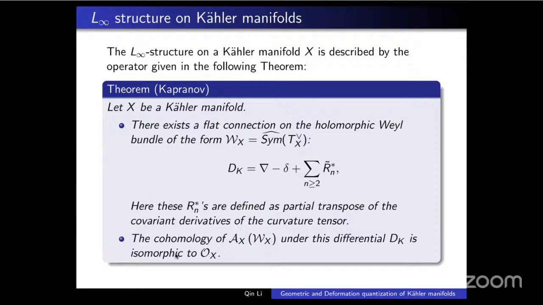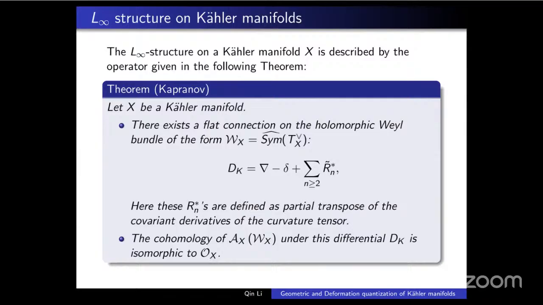The main point is that this dK gives actually a differential, which means dK squared vanishes. With this vanishing, you can define the cohomology. You have a differential, and so you have a cochain complex. You can compute the cohomology, and the cohomology under this differential dK is actually isomorphic to O_X, the sheaf of holomorphic functions on this Kähler manifold.